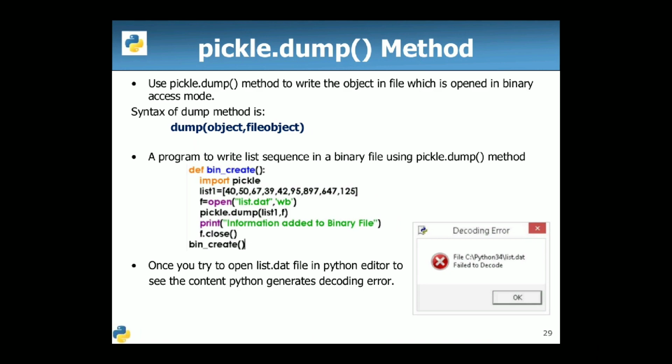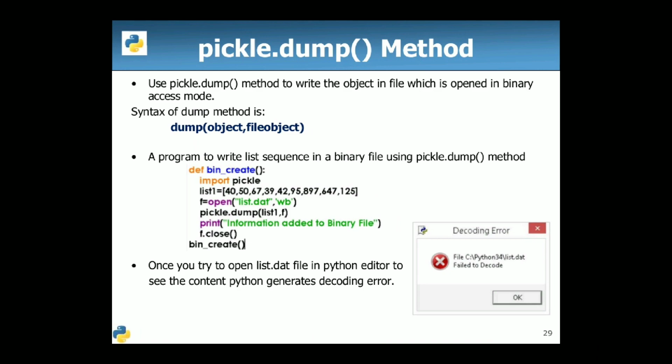Do remember, whenever we are dealing with binary files, to load some data or to dump data into the file, we use the pickle module. The syntax of the dump method is dump, in brackets, object comma file object. Here object refers to any Python object like a list or any sequence, and next is the file object, that is the file pointer which is used for referring to the file.